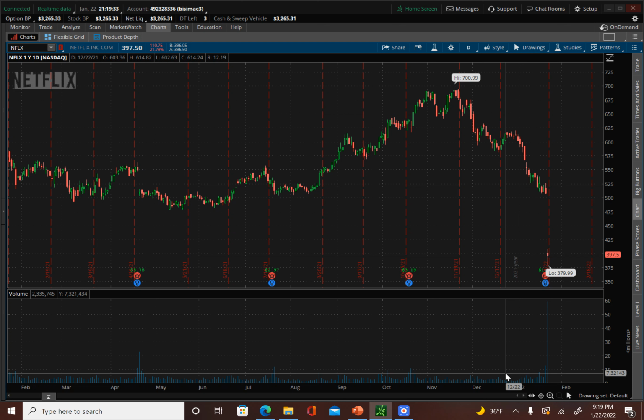Vice versa, if you're in a downtrend and the green days volume is lower than the red days, you can have confidence that the downtrend is going to continue. Whereas if the volume on the green days kicks up and starts getting higher than that of the red days, you might be like, okay, well, maybe we did really find a bounce. Maybe we're at a bottom and we're getting ready for a bounce.